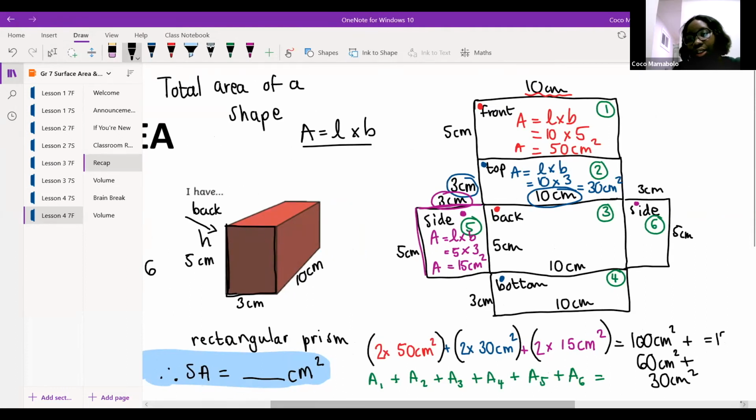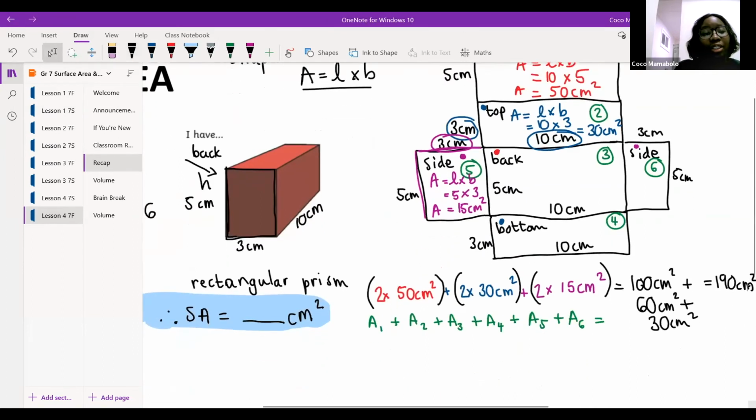Is equal to 190. Oh, now I'm writing degrees. I have no idea why. Degrees don't come in here. Centimeters squared. Okay, now if we use this formula that I just used over here, or if we use this one where we label each of them 1, 2, 3, 4, 5, 6, we are going to get the same answer.